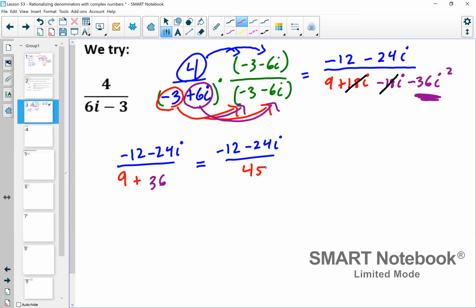Now for our very last step, we have to say, well, what could I simplify all three of these numbers by? Or what's a number that I could divide all three by? Hopefully you're able to figure it out, and we can simplify by 3.